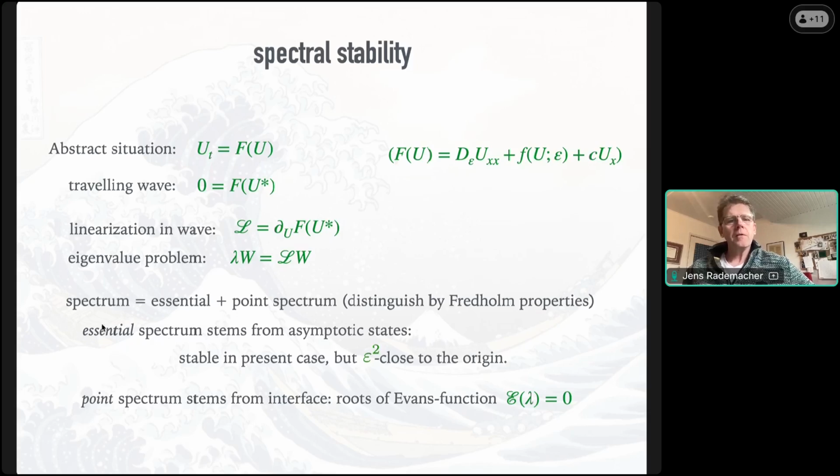And this is not going to be of our concern for the dynamics here, but we are concerned about the point spectrum. And the point spectrum for this front problem depends on the interface. In this case, it is explicitly the interface, and the way that one formulates this, usually in this modern way, is as an Evans function. So we abstractly have some kind of generalized determinant, so to speak, whose roots give point spectrum.